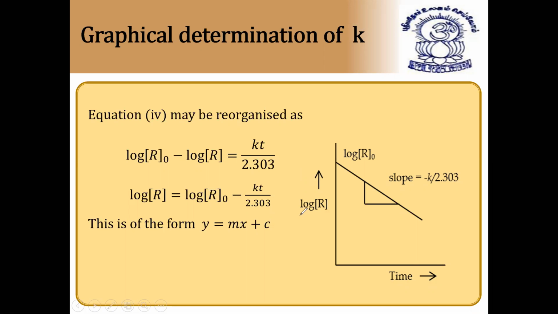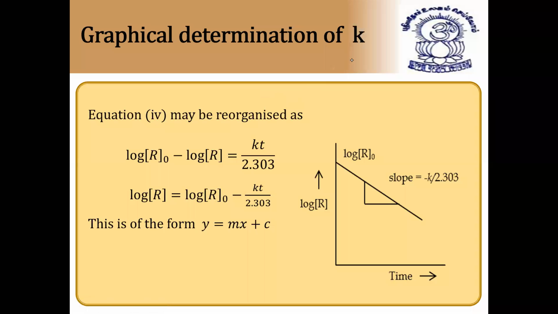So for first order kinetics, log concentration of R, log R naught, slope is equal to minus k by 2.303, and time. So this is the graph, a very, very important graph. The graph representing first order kinetics is this. Zero order kinetics we have already seen. These graphs they'll ask in the examination also, and this is the application formula. I hope it is clear.